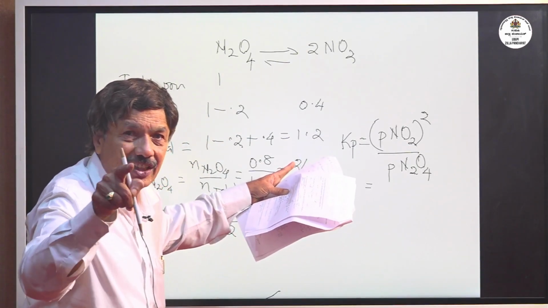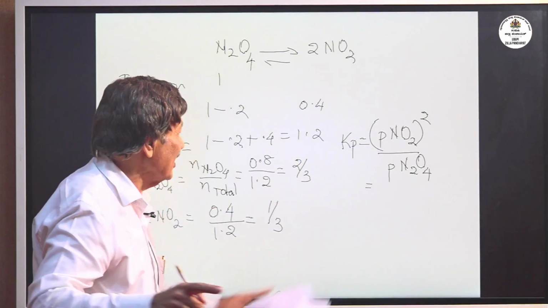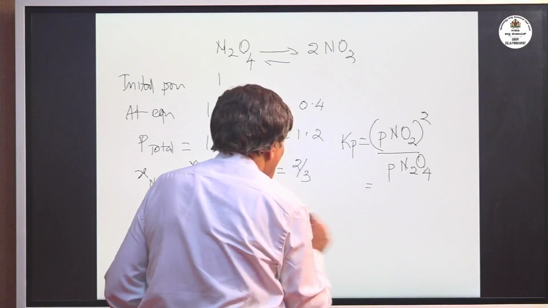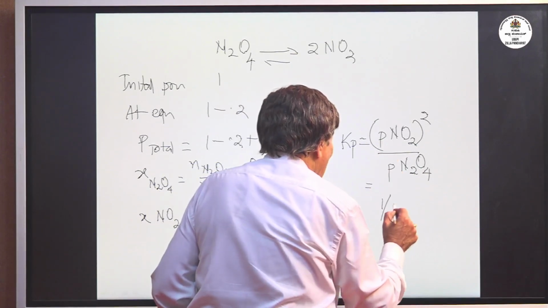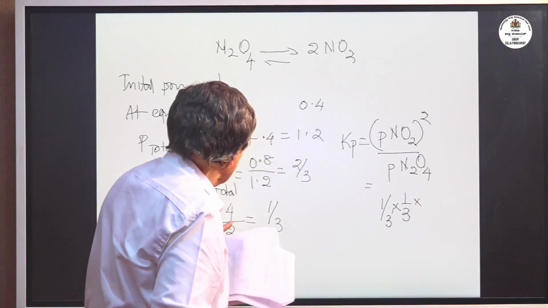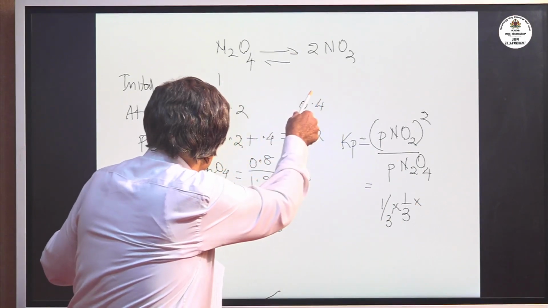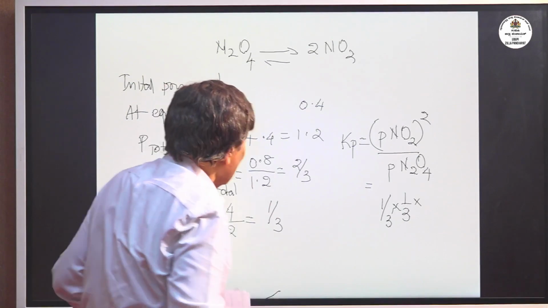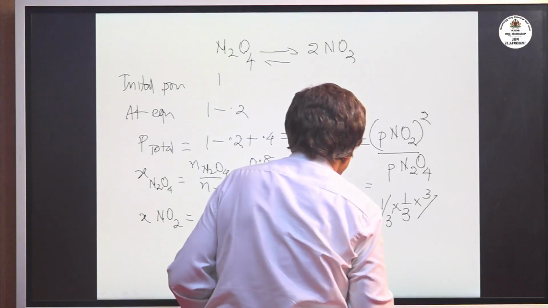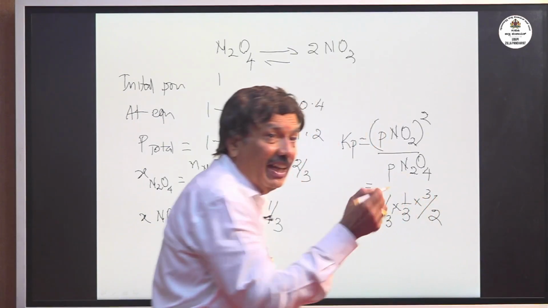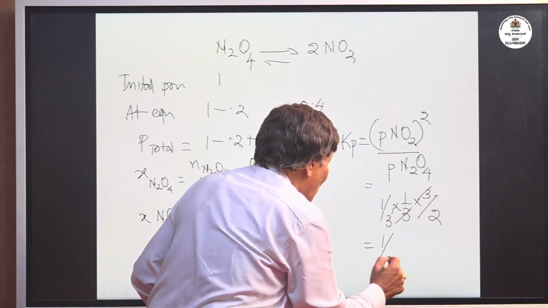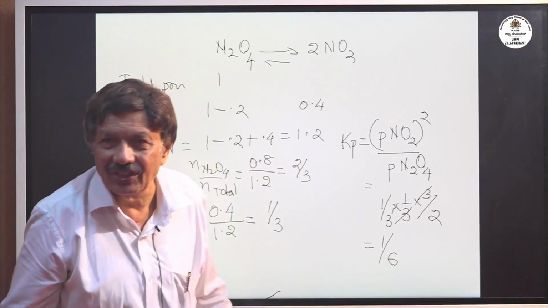P total is 1, so mole fraction itself becomes partial pressure. So it is 1 by 3 squared divided by 2 by 3. Instead of dividing by 2 by 3, multiply by 3 by 2. 3 gets cancelled. What remains is 1 by 6.